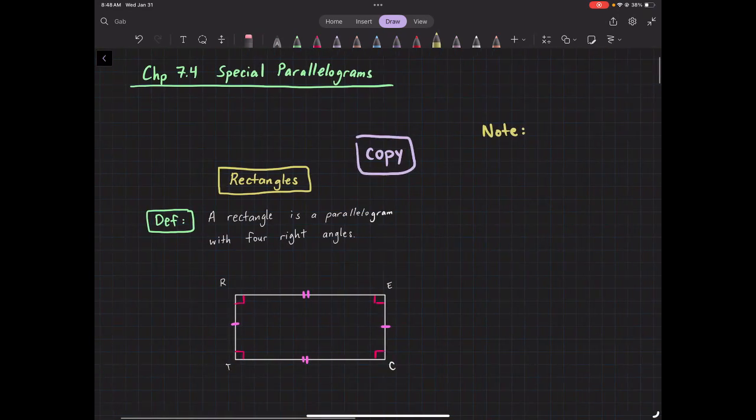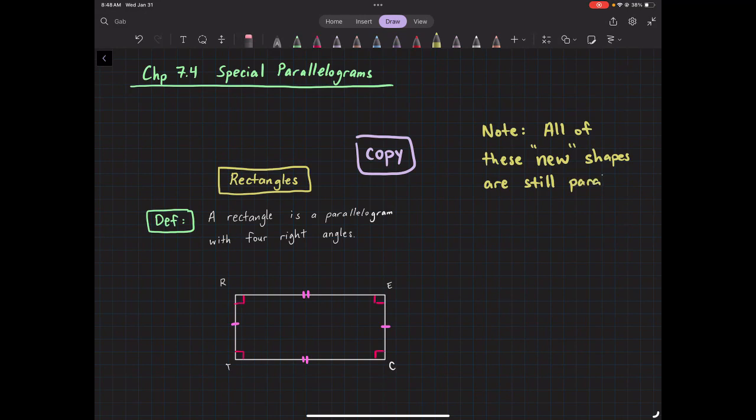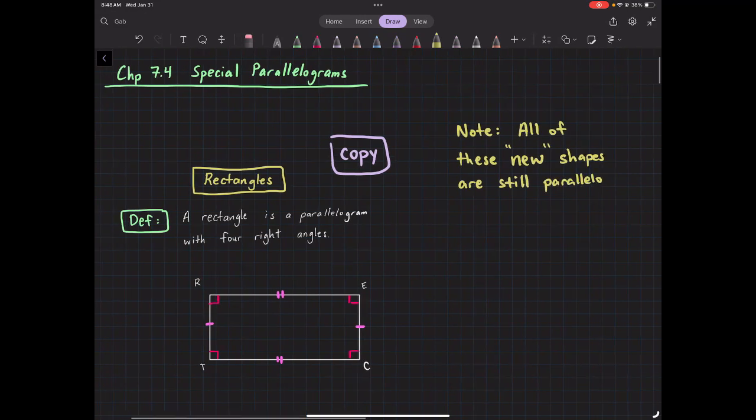So the note was all these new shapes are still parallelograms.